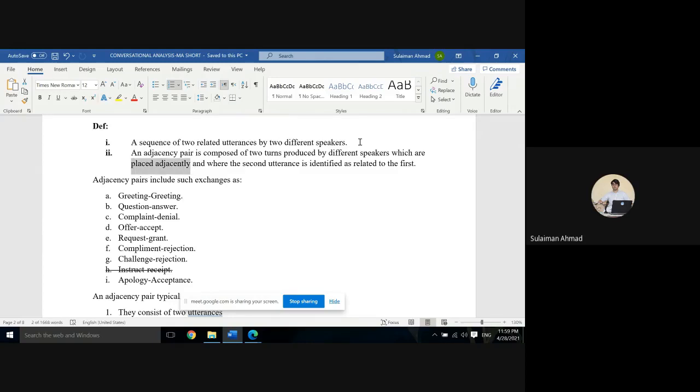Adjacently means they must be placed close to each other in terms of time, right? And they must be relevant. They must be related. Like you may say that the second utterance is identified as related to the first one, right? So this is what we call an adjacency pair.